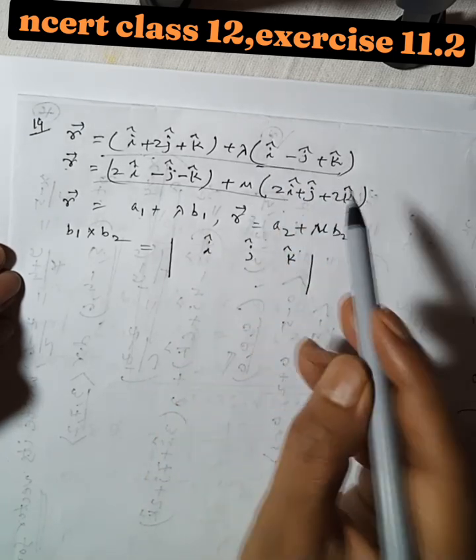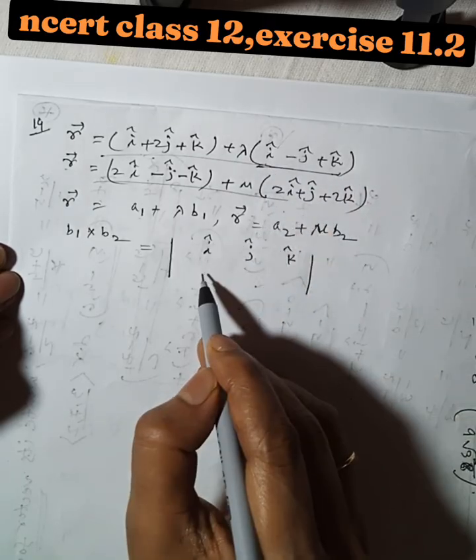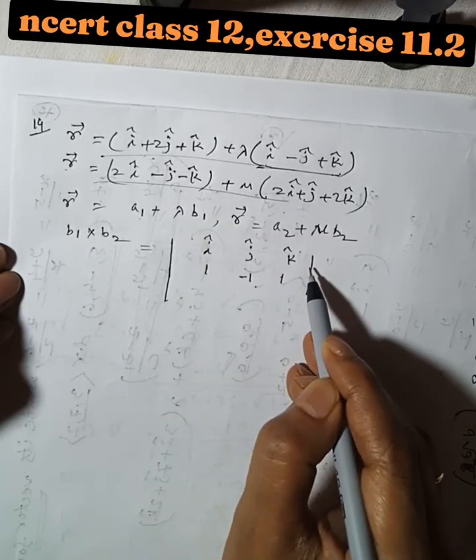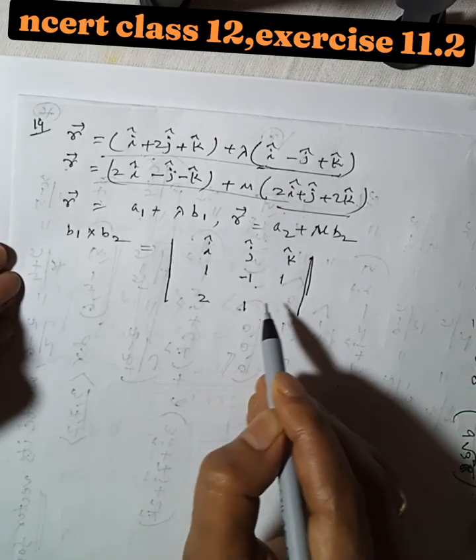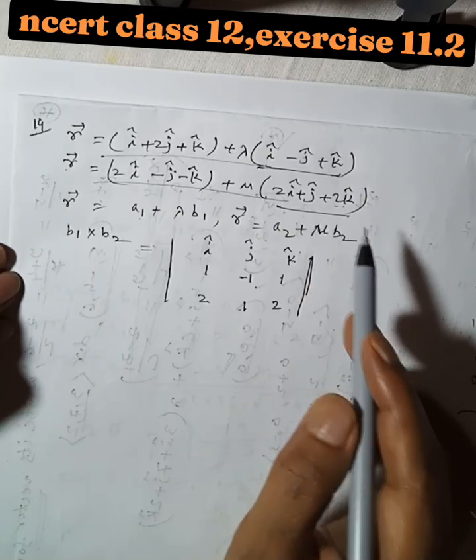Here this is b1, which is 1, minus 1, 1, and this is b2, 2 direction ratio. These are the direction ratios of the second equation.